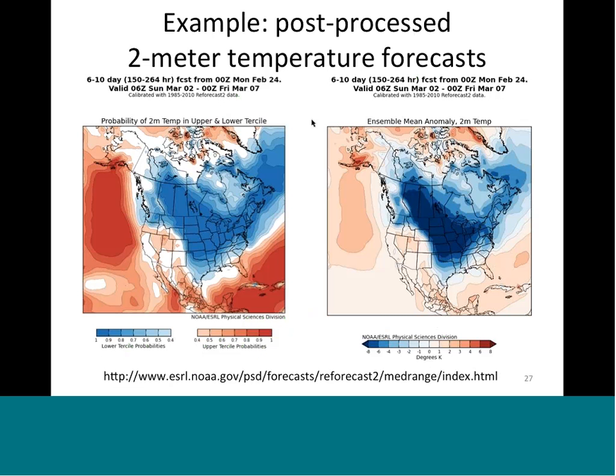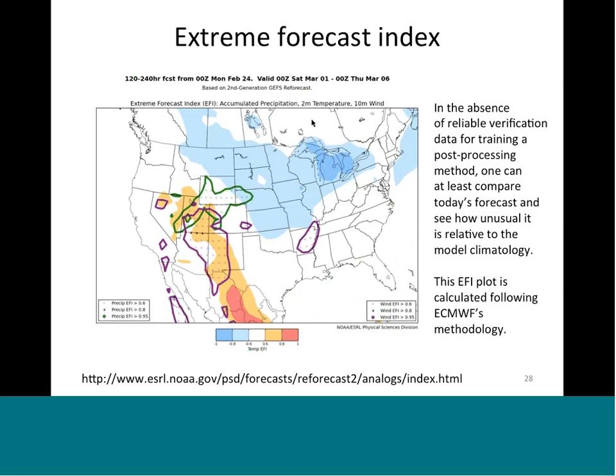We also have temperature forecasts that are post-processed. Just showing you an example of our probabilities of temperature being either in the upper or lower tercile, shown on the left, as well as the ensemble mean anomaly. And following ECMWF's lead, we also produce a graphic called the Extreme Forecast Index.